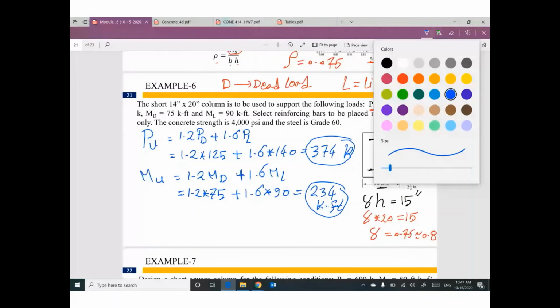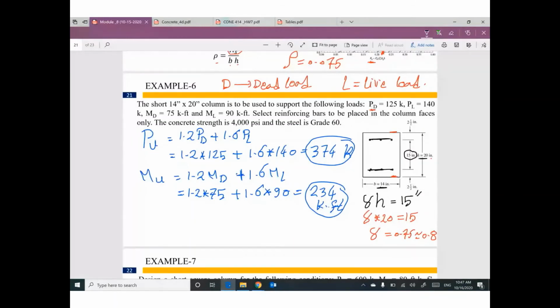First step, Pn equal P ultimate divided by phi. P ultimate 374 divided by 0.65. What is the value? Second step, Mn equal M ultimate divided by phi. 234 divided by 0.65. What is the value?